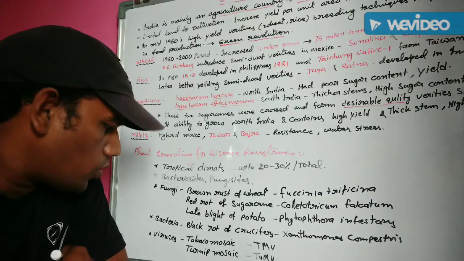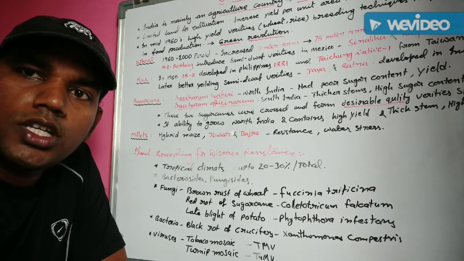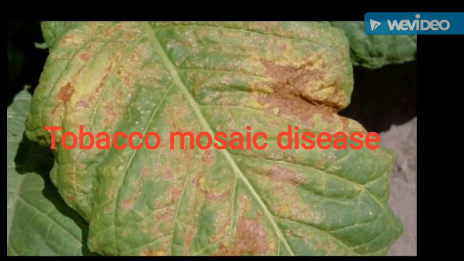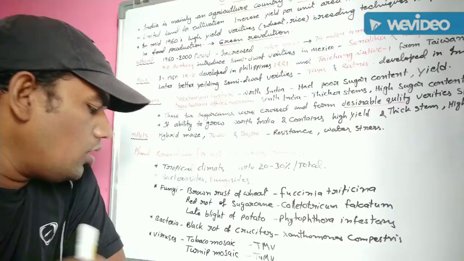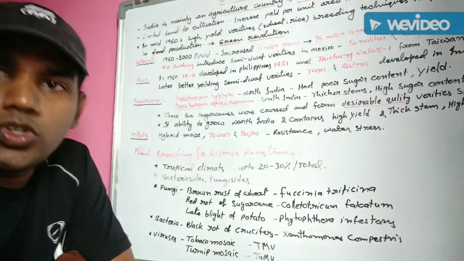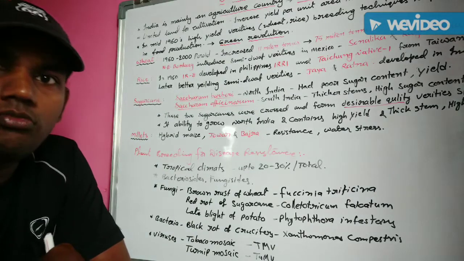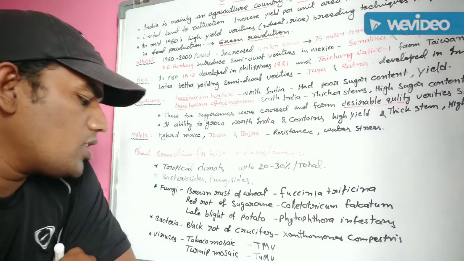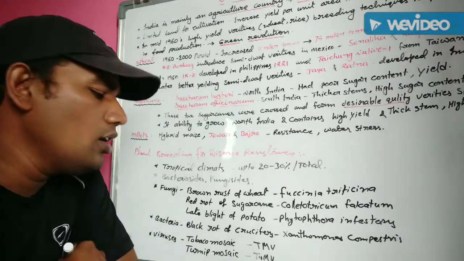Okay. Next one. Look at this tobacco mosaic disease. Another viral disease is turnip mosaic disease. This turnip mosaic disease is especially found in turmeric.